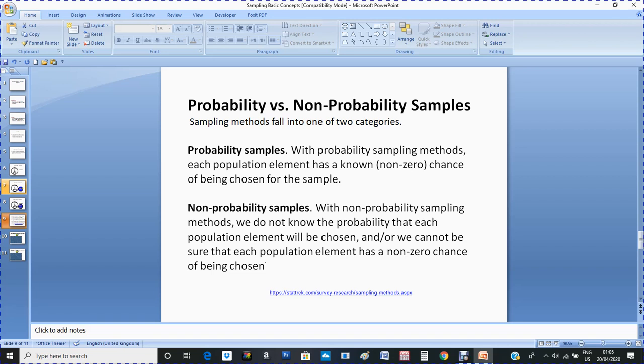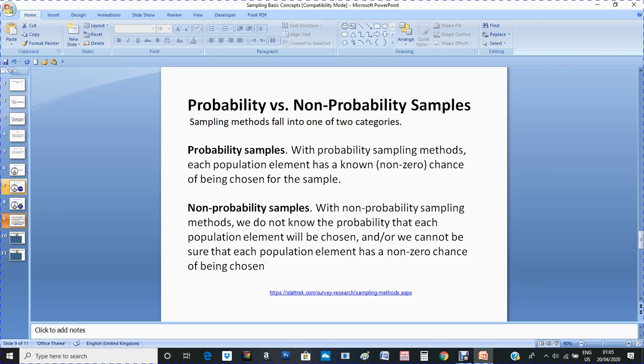In probability sampling, the main idea is that each element or member has an equal chance to be selected. But in non-probability sampling, we don't have this equal chance for each member, and we don't even know if an element has a non-zero chance of being chosen.